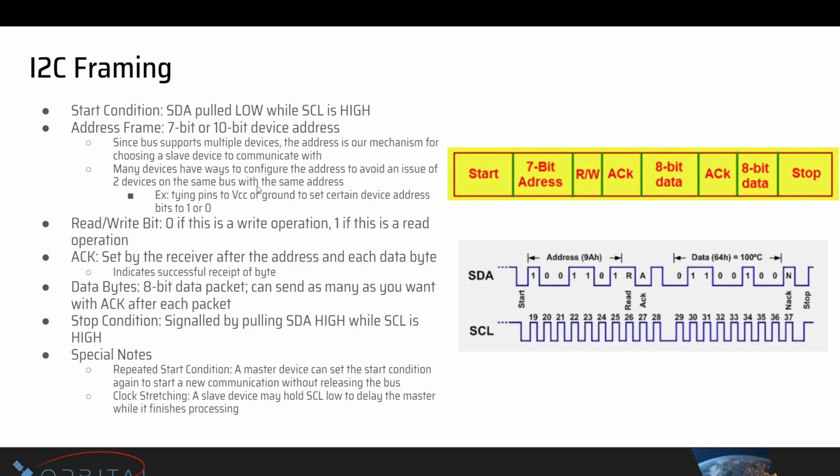And there are also other ways. There are some devices, I'm pretty sure, that start with a default address and you can change it by writing data to a certain register.